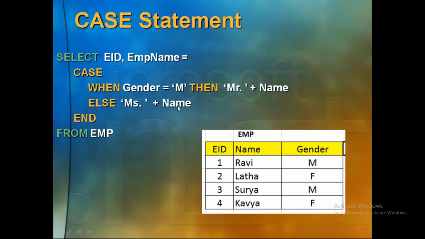Else Miss and the name will get concatenated. This is the simplest way you should be able to display Mr. Ravi, Miss Lata, Mr. Surya, Miss Kavya, something like that. Am I clear? So all these things are pretty much important. So this case statement is very, very important. Employee name here is the alias.